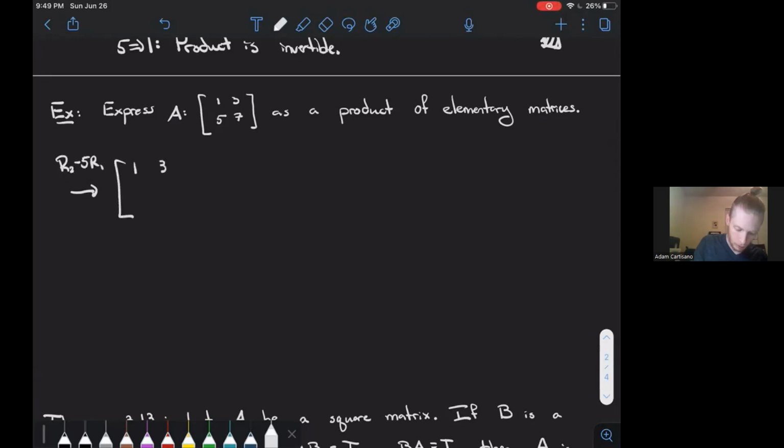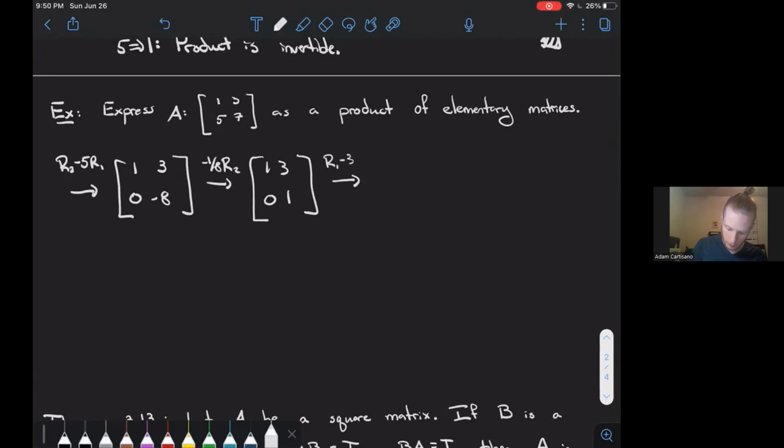It'll be 1, 3, 0, 7 minus 15, -8. Then we'll do -1/8 row 2: 1, 3, 0, 1. And then the last thing we need to do is row 1 minus 3 row 2. And we're left with 1, 0, 0, 1, the identity.